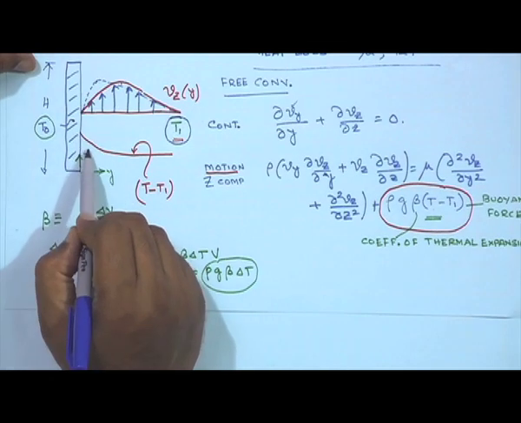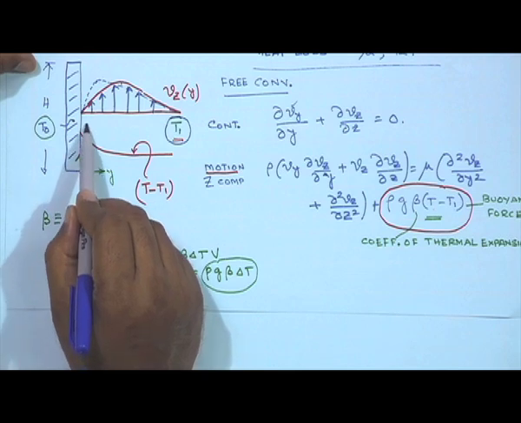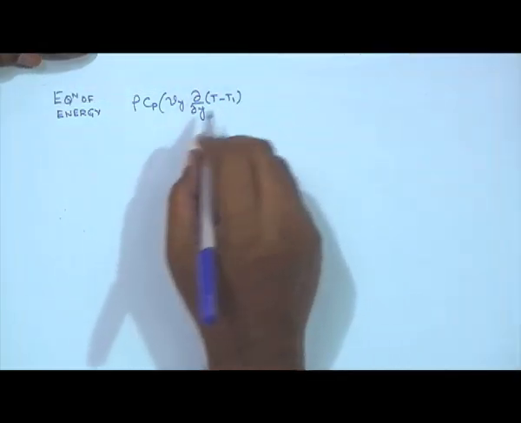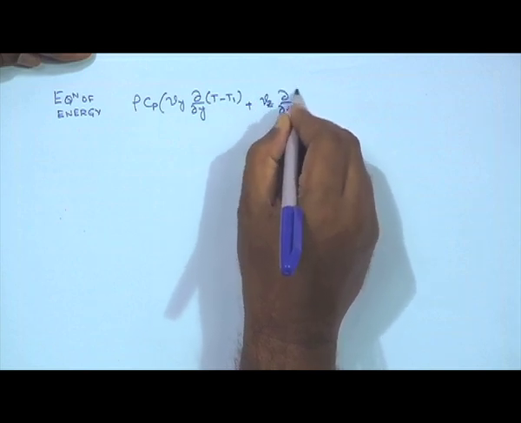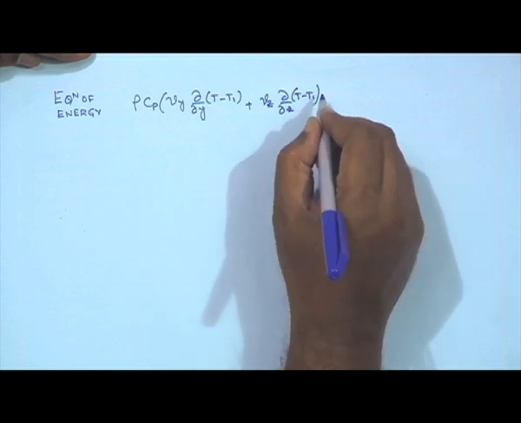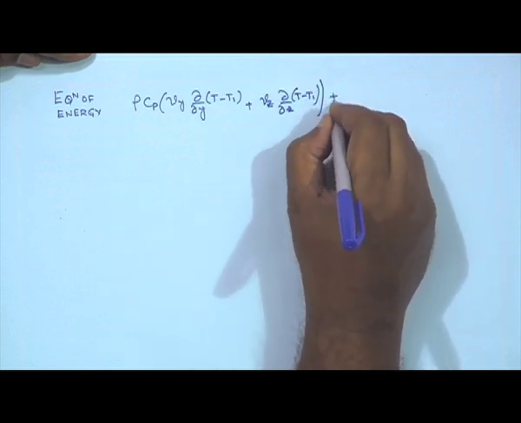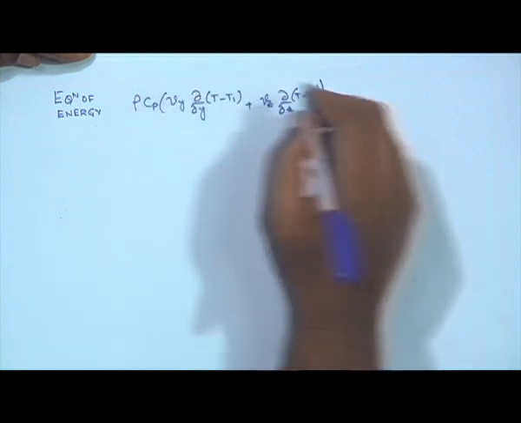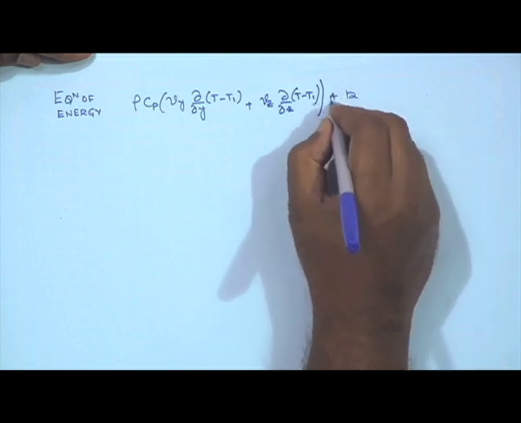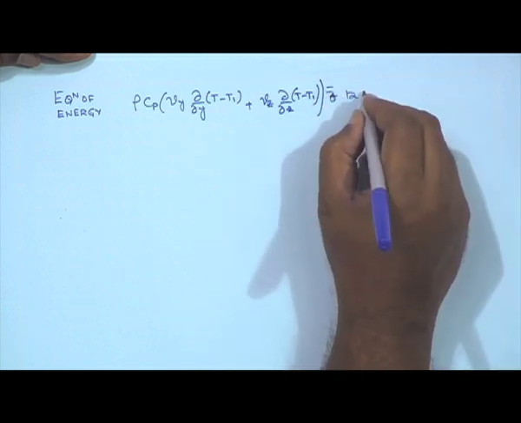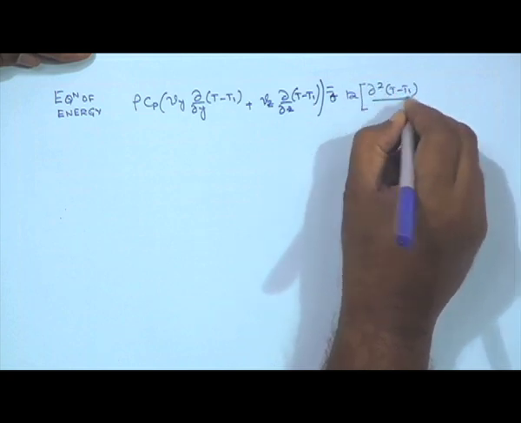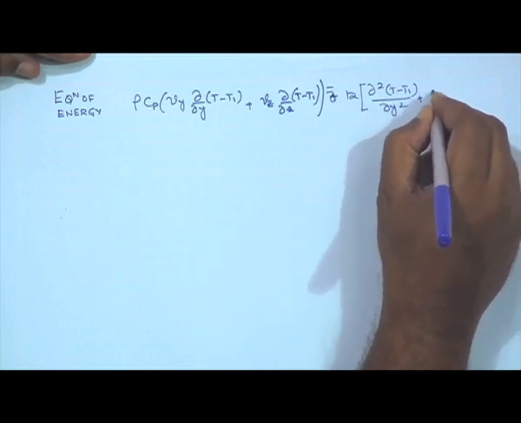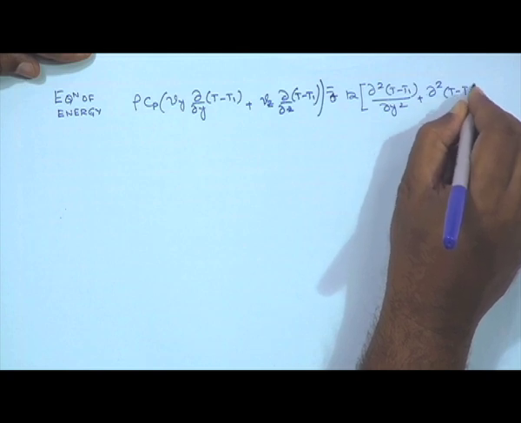However, the temperature in here is going to be a function both of z and of y. So, that is why I have to use the partial sign. The second term would simply be Vz del by del z, again of T minus T1. So, this is the convective flow term, and the right hand side is K times del square (T minus T1) by del y square plus del square (T minus T1) by del z square.